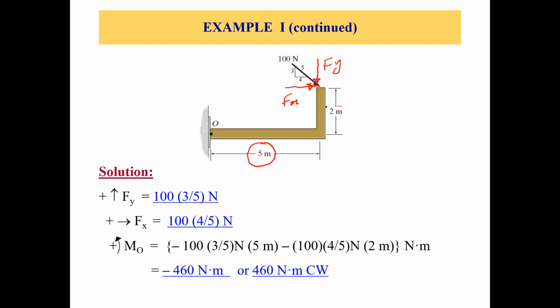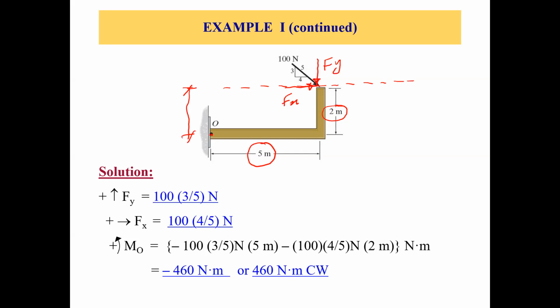This 2 meters is the moment arm for Fx, because this is the line of action of Fx, and this is point O. So what is the perpendicular distance? This is the perpendicular distance between the point of interest, which is O, and Fx. So 2 meters is the moment arm for Fx.